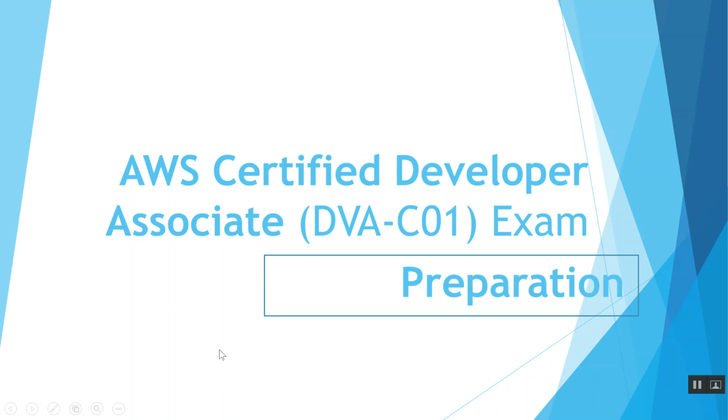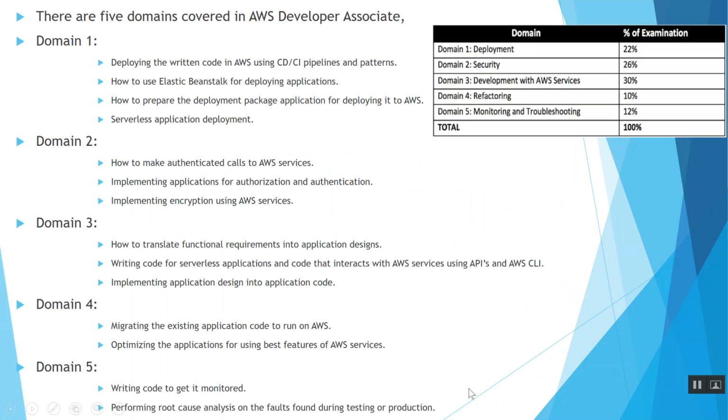So there are five domains as part of the exam. Domain one is deployment, that is deploying the written code in AWS using CI/CD pipelines and patterns, which is very important, and how to use Elastic Beanstalk for deploying applications. The reason is Elastic Beanstalk will take care of the required infrastructure once you deploy your application.